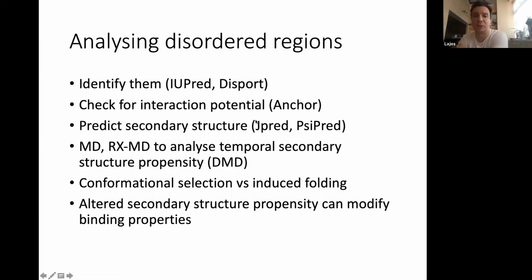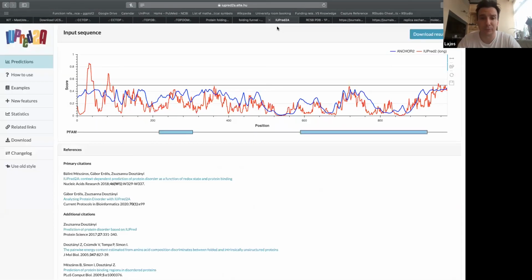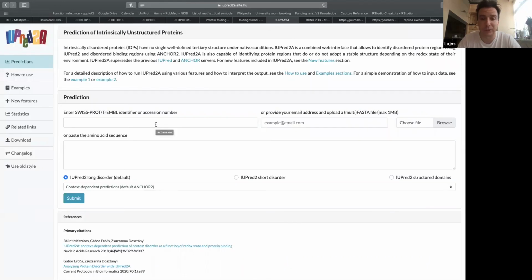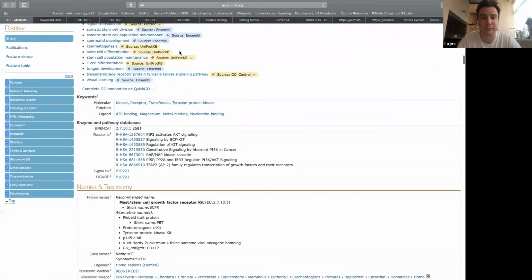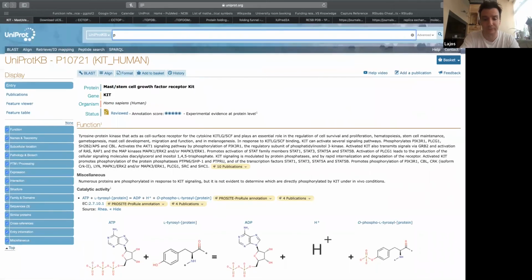And finally, if you have a disordered region, first you want to identify it again, which can be done by IUPred. So if we put in a real disordered protein here, for example, the P53, and UniProt is not extremely fast at the moment.